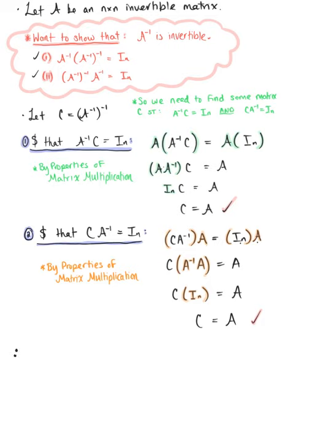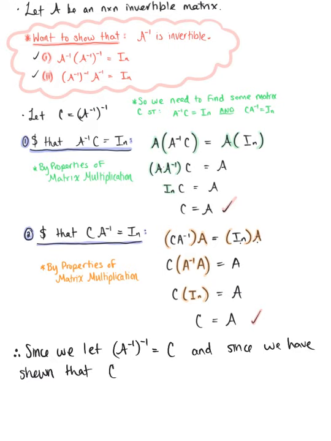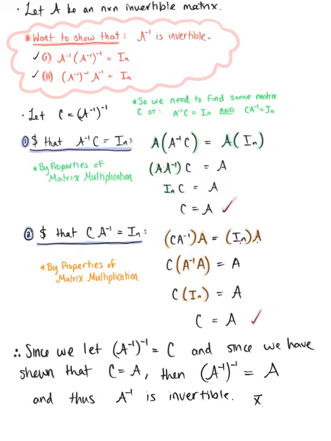So we can say that, therefore, since we let the inverse of matrix A be matrix C, and since we have shown that matrix C is in fact matrix A, then the inverse of matrix A must be equal to matrix A, and thus the inverse of A is invertible. And so this completes the proof of this property.